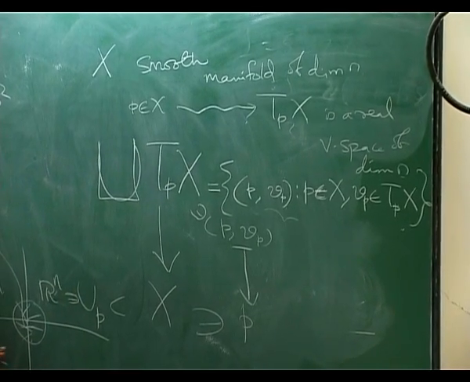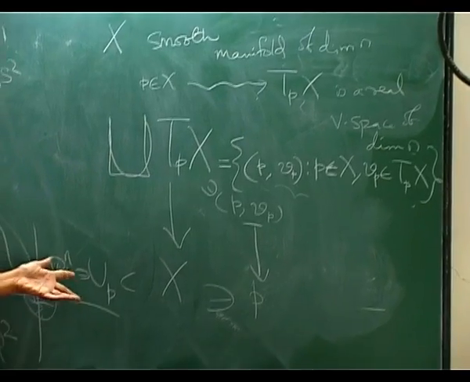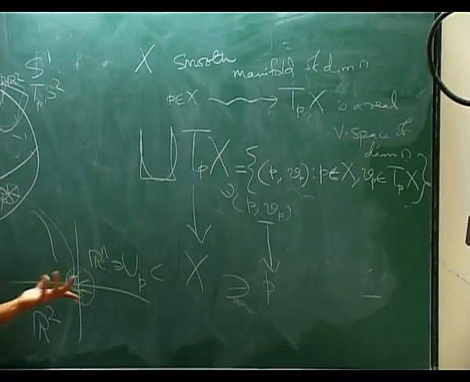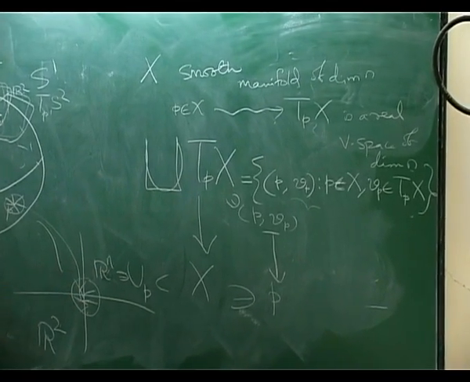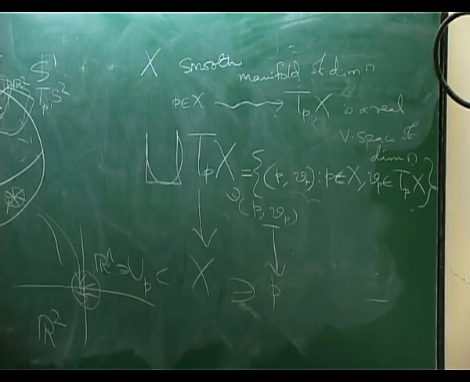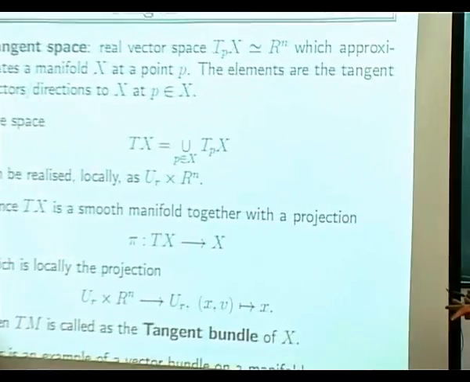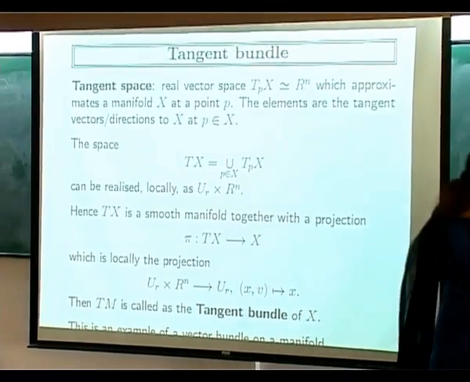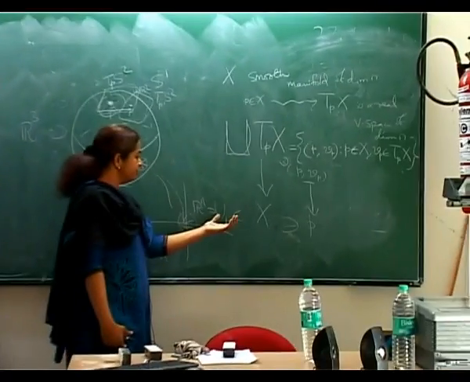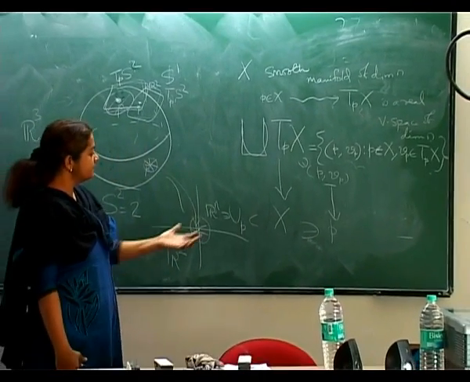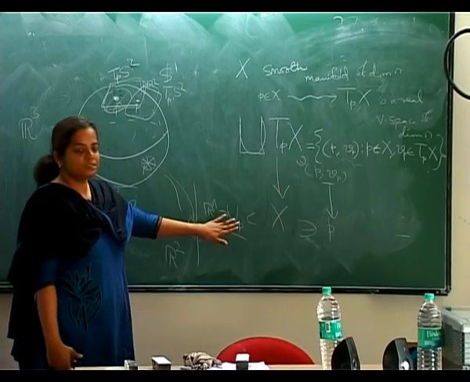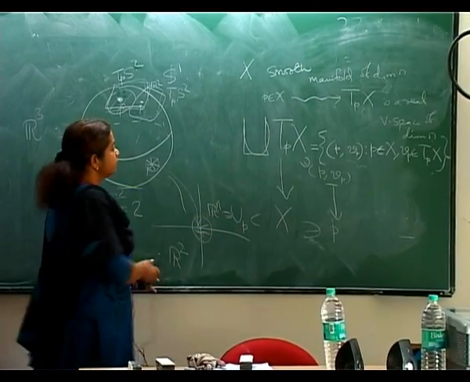So it would suffice to know how the tangent spaces to Rn look like for any point on Rn. If I take the n-dimensional plane and any point on it, the tangent space is going to be itself. So locally, since this is diffeomorphic to such open subsets, the tangent space to UP is just going to be UP cross Rn.